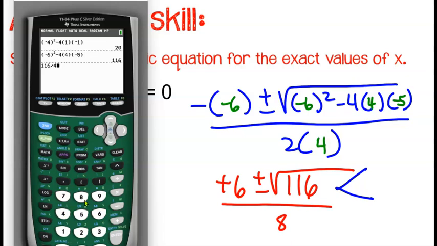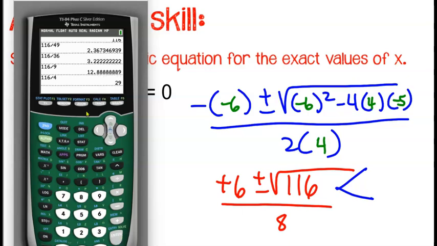So maybe we'll try 49, and that's not an even number, so that's not a factor. Maybe we try 36, and that's not an even number, so that's not a factor. So maybe we try 9, and then we go down from there and we keep guessing our perfect squares.